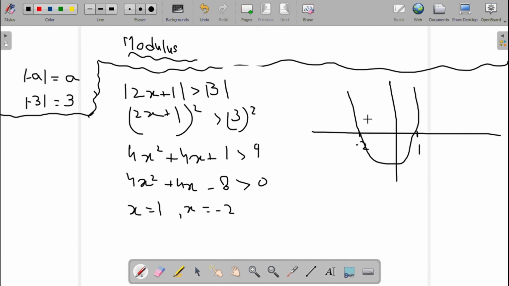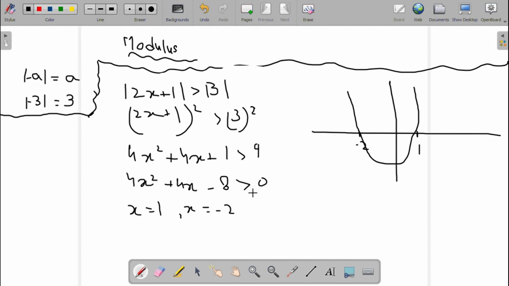Why am I making a U parabola? Because we have the quadratic equation in this form, 4x squared plus 4x minus 8, and because the 4 is positive, there is a rule for the graphs of quadratic equations, so we have the parabola in this U shape.